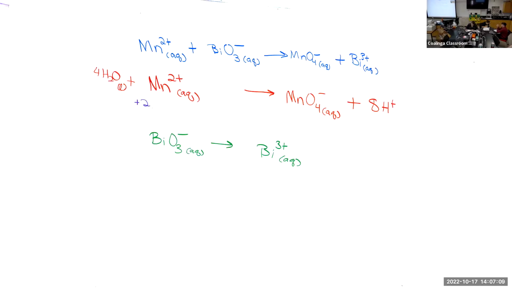And then over here, what do we have? Plus 7. So we got +7 over here, +2 over here. So how can I balance that out? You have 5 electrons to the right.